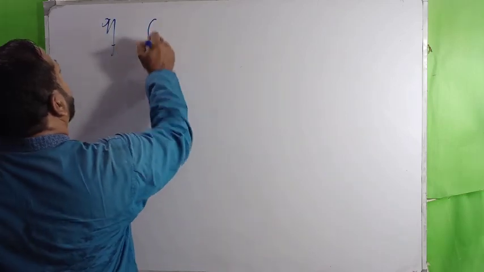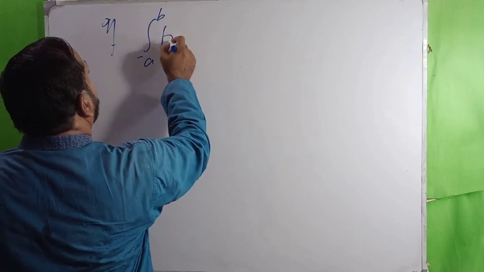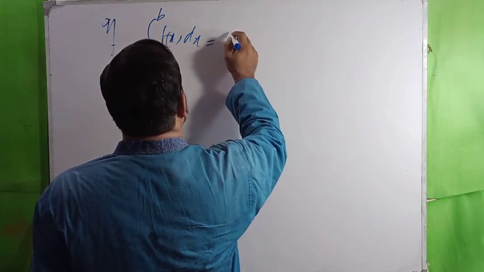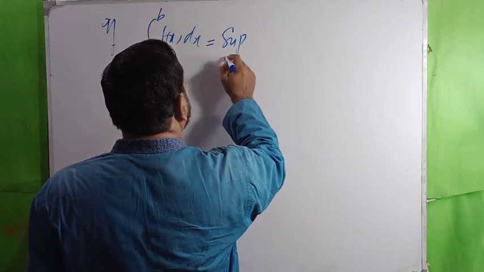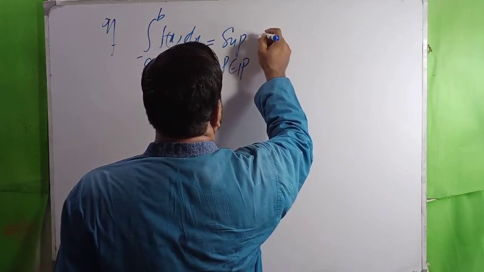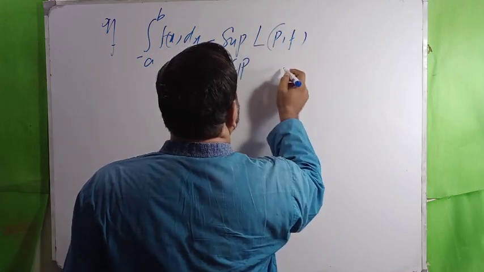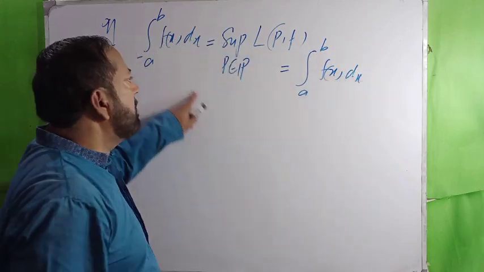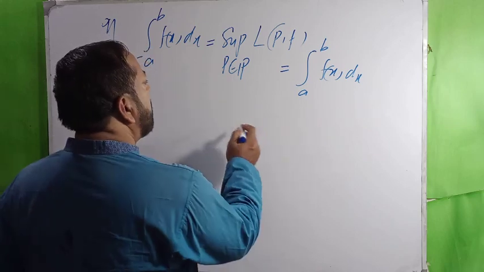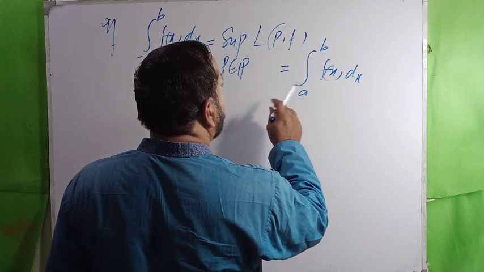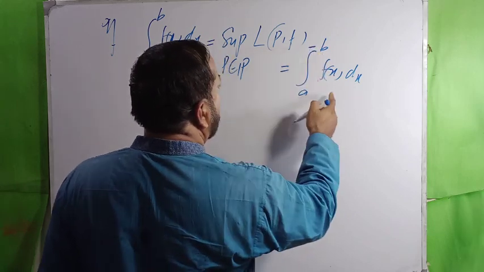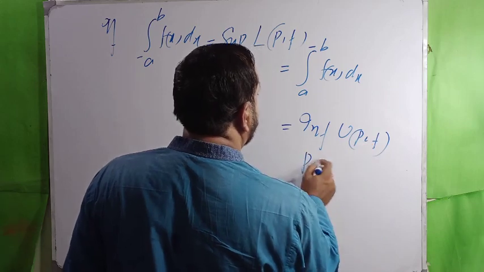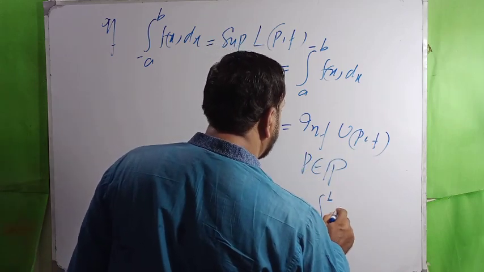So if the lower integral from a to b of f(x) dx, which is the sup of L(P,f) over P belonging to script P, is equal to the upper integral from a to b of f(x) dx, the accurate area, which is the inf of U(P,f) where P belongs to script P, is equal to some value from a to b of f(x) dx.